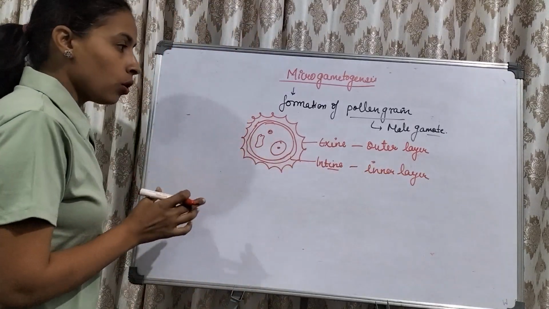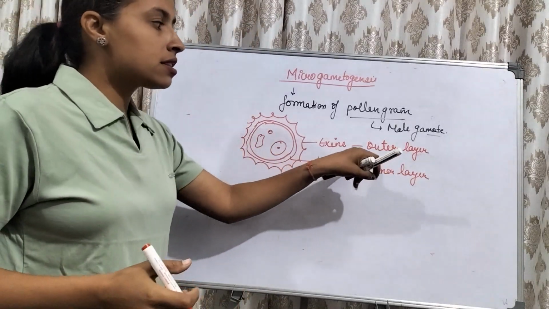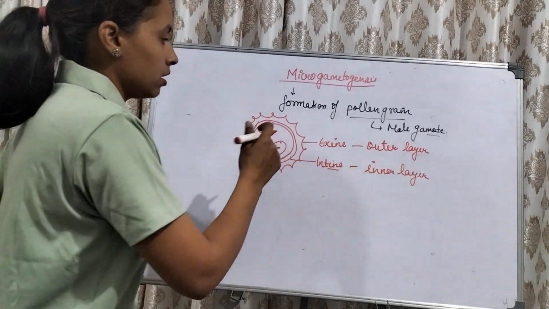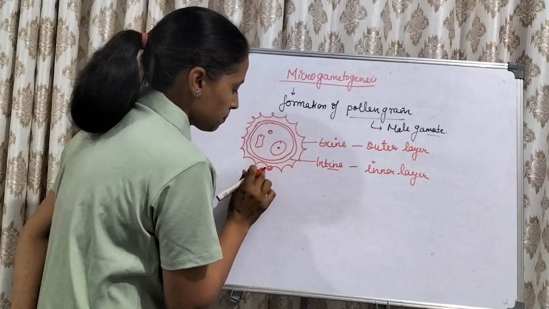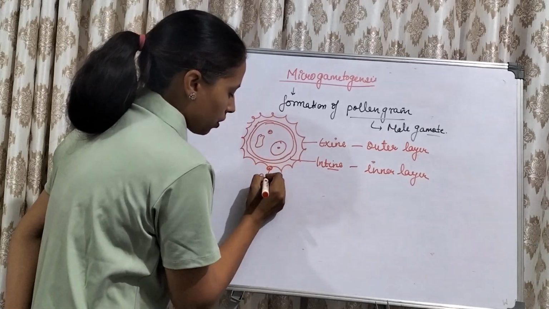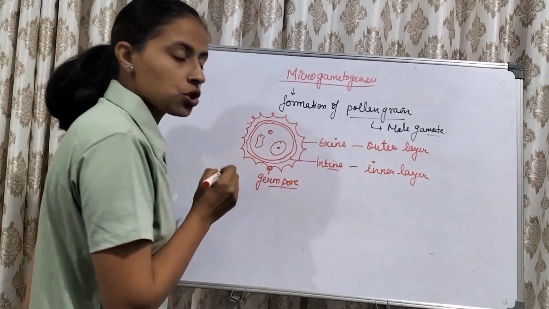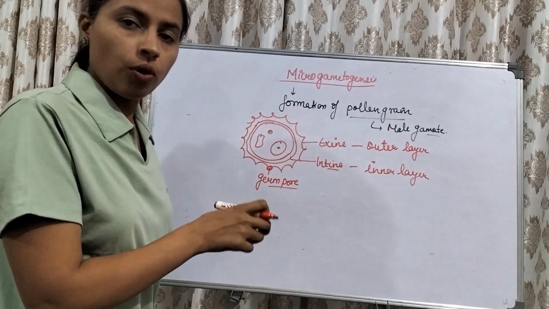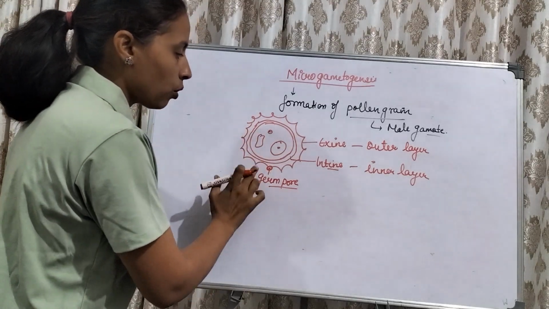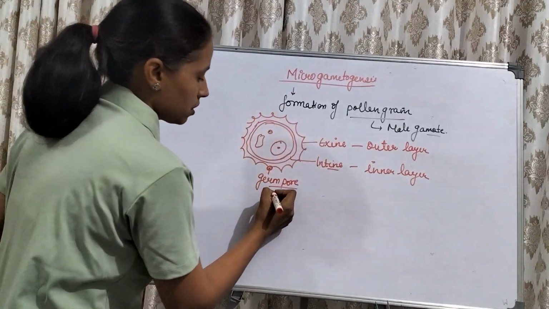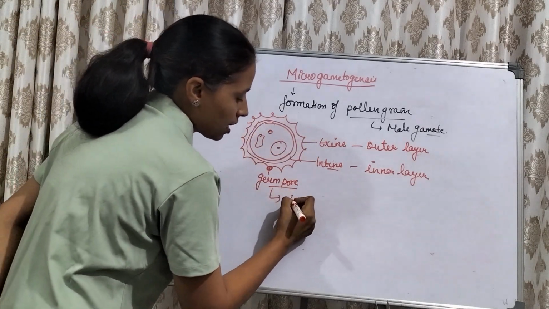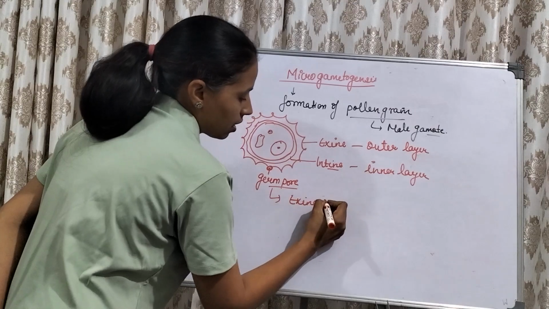The exine is discontinuous. Here is a space called the germ pore, through which the pollen tube is formed. At the germ pore, exine is absent.